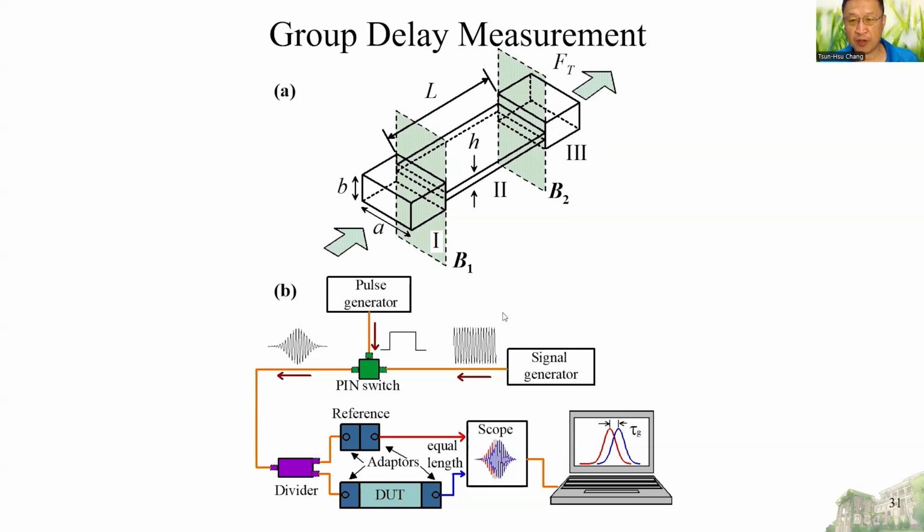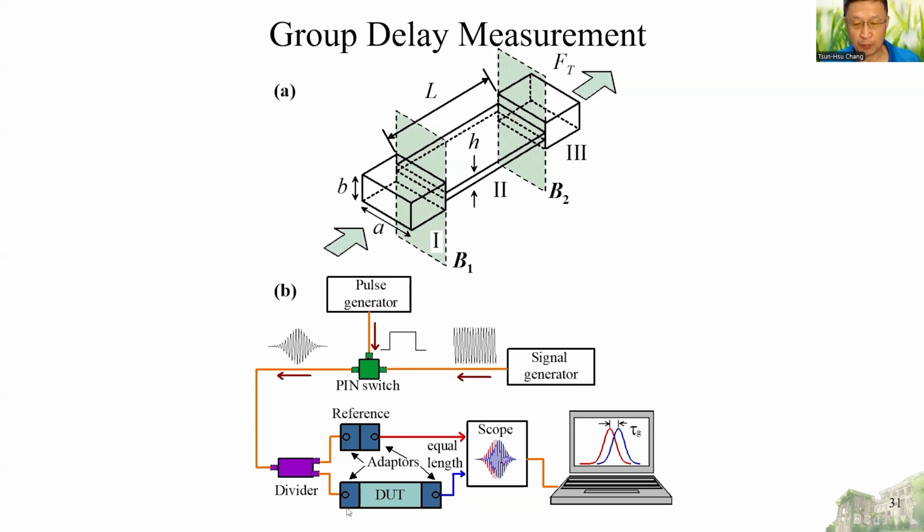How to measure? First, we generate a sinusoidal signal, and we use a pulse generator to modulate it and obtain a wave packet like this one. Then the wave propagates to a power divider, divided into two parts. Part 1 goes through the reference adapters.